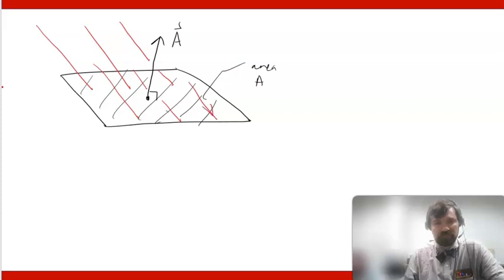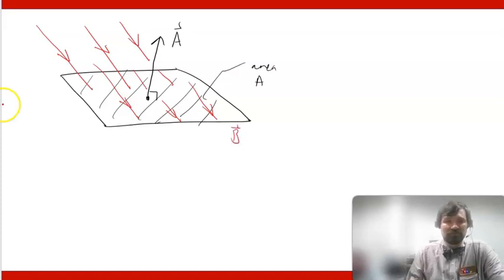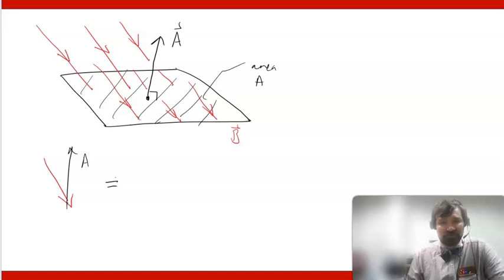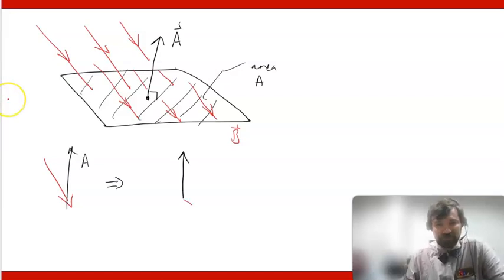Okay, so here's my magnetic field, which is uniform B, and if I blow up the B vector, it is like this, the A vector in this case is like this. So this is equivalent to saying that the area vector is here and the magnetic field vector is down here.